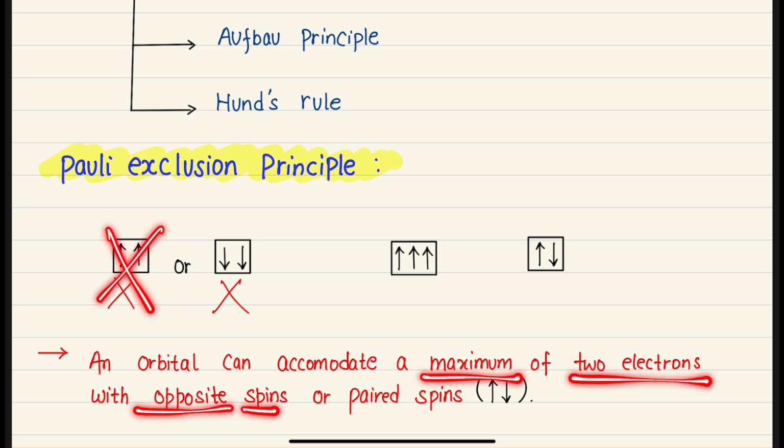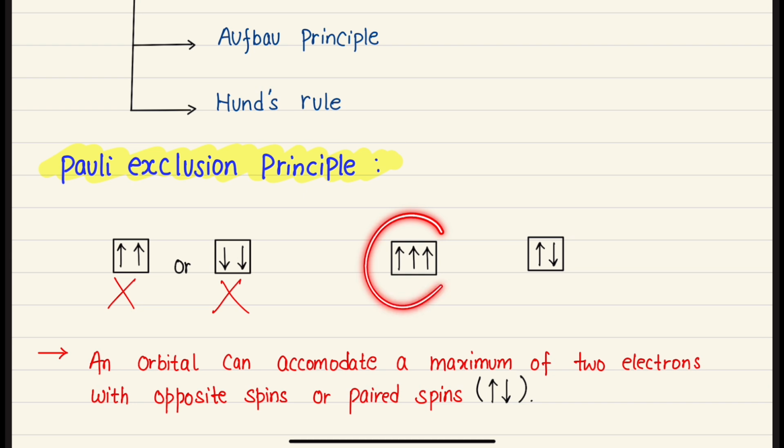So this is also wrong. And see the third one. Here in one atomic orbital we filled three electrons. That is not possible. Pauli said that an atomic orbital can accommodate a maximum of two electrons. So this is also wrong.